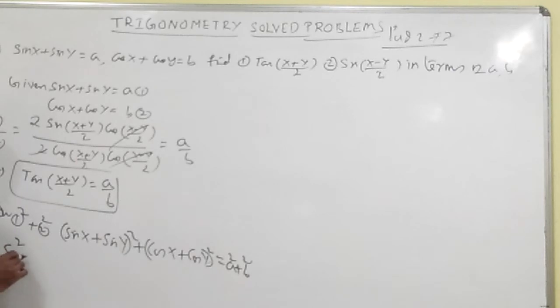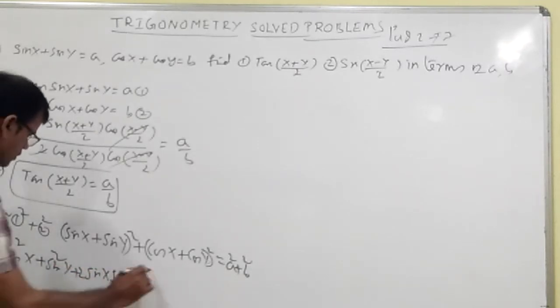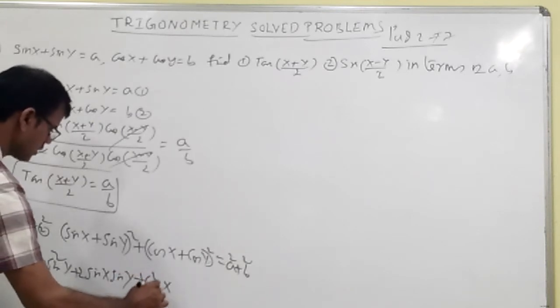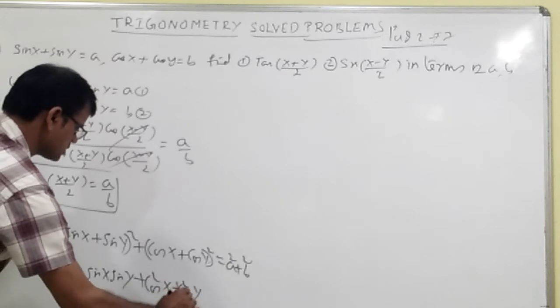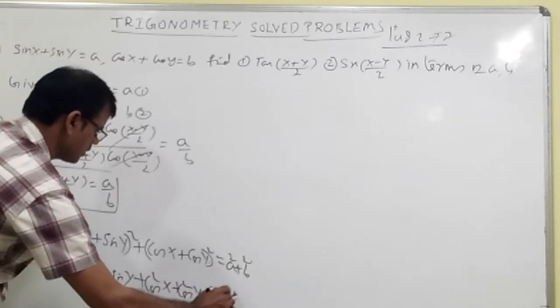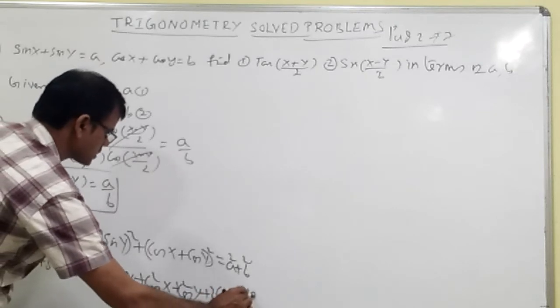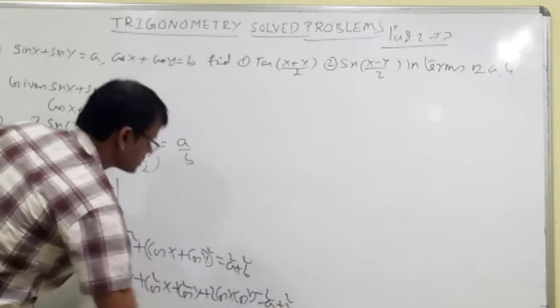So this is sin square x, this is sin square y, and this is 2 sin x sin y. Similarly this is cos square x, this is cos square y, plus 2 cos x cos y, equal to a square plus b square.